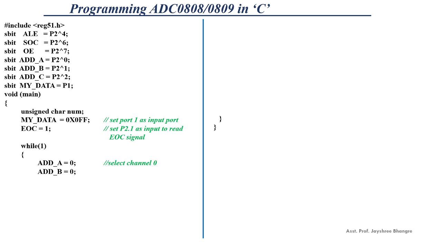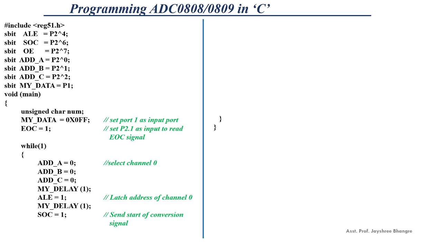Here we are selecting channel 0 using the instructions addA equal to 0, addB equal to 0, and addC equal to 0.